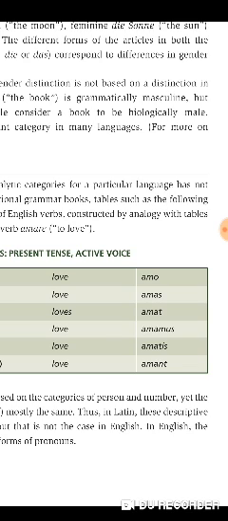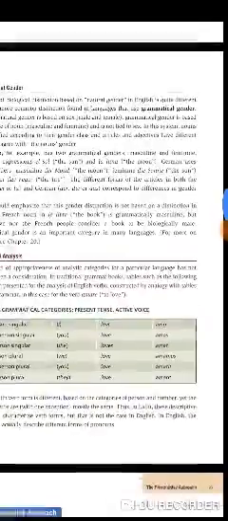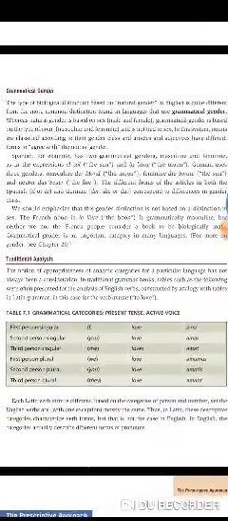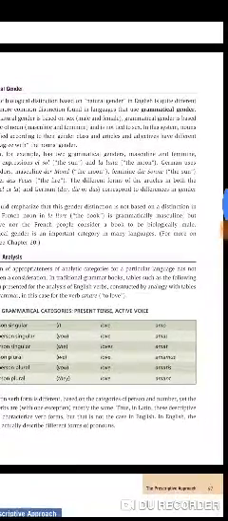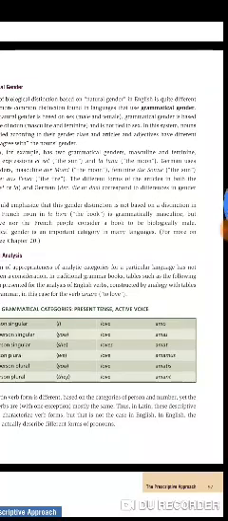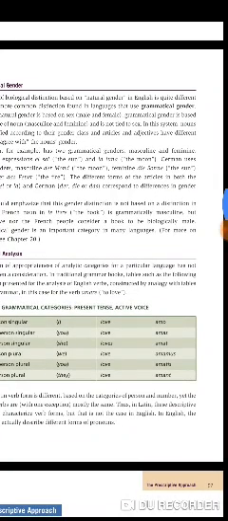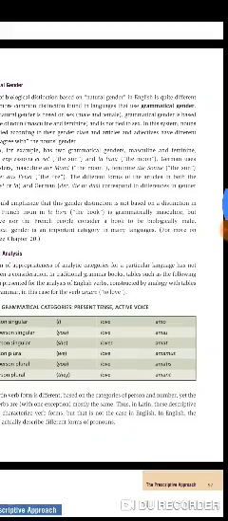Amat means he or she loves. Amamus means we love. Amatis means you, plural, love. And amant means they love. You can go to your book and see that this is the example of the verb love in Latin. Okay, so far so good.